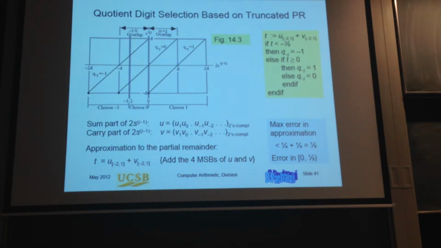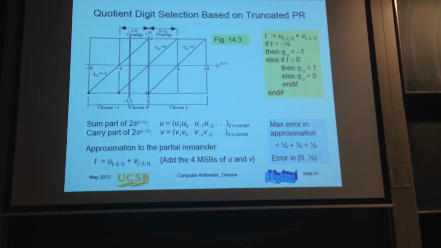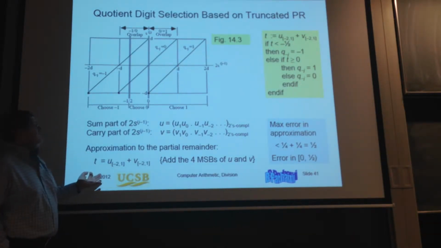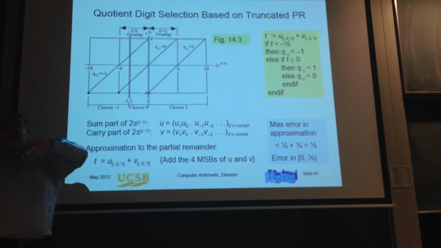Then that complication I did not have for multiplication, because for multiplication I had no driving value in choices. I was just accumulating stuff. In here, I have to drive my choice. And in order to do that, I have to make an approximation of the partial remainder.